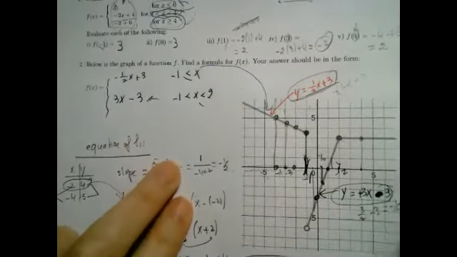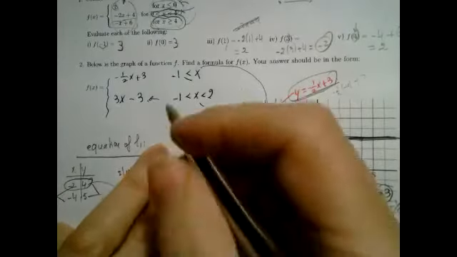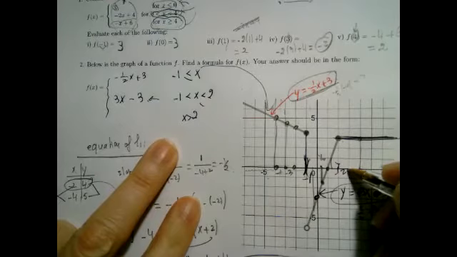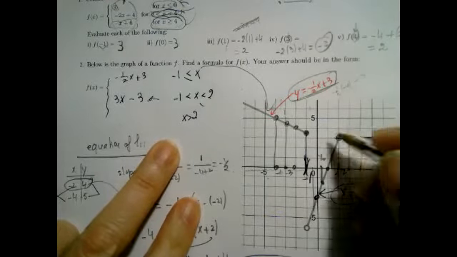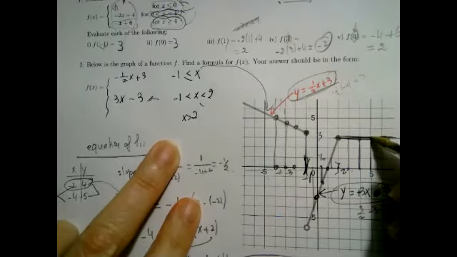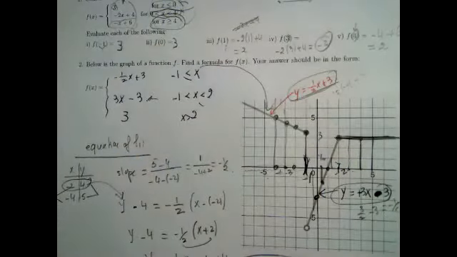Now after that, if x is larger than 2, then that's easy. No matter what your input is, your output is 3. It means the function is equal to a constant value.